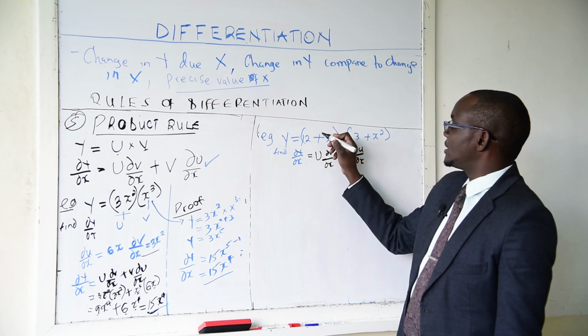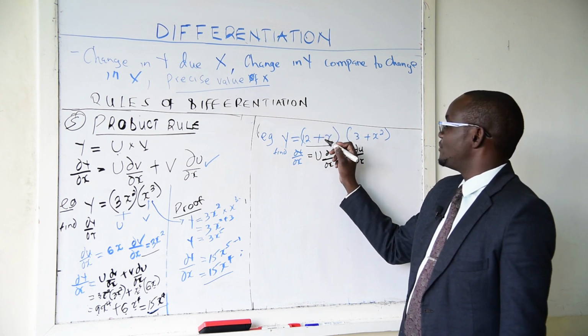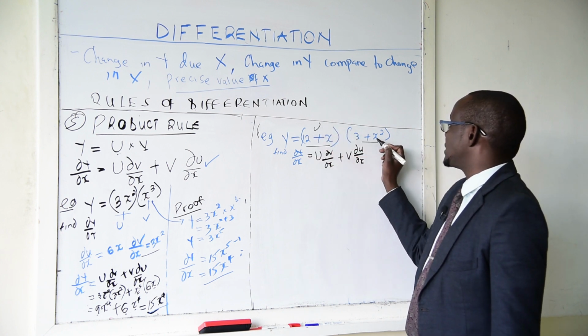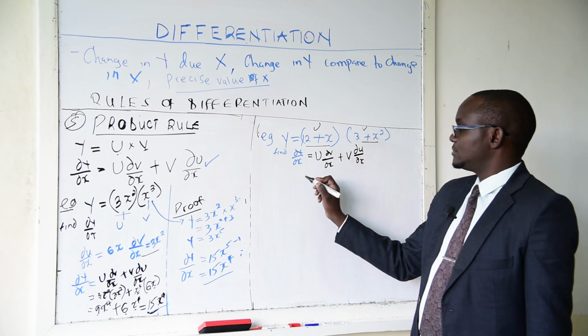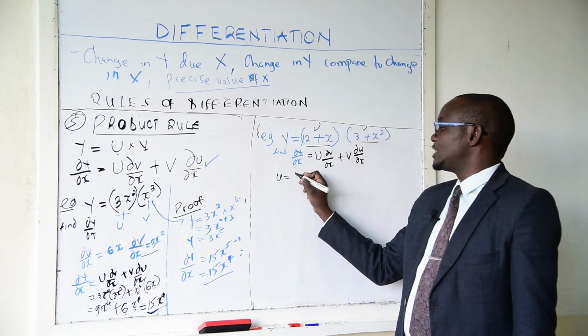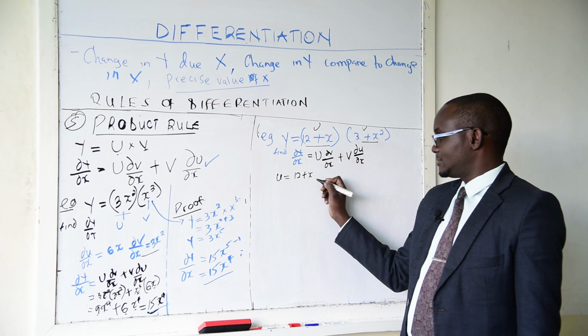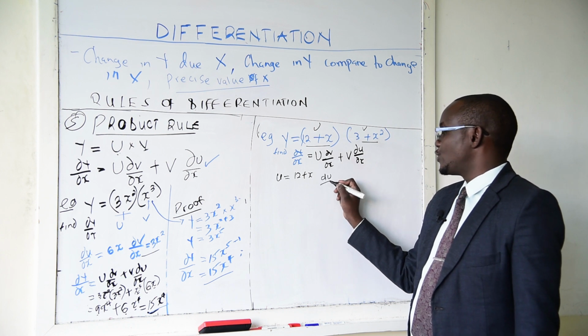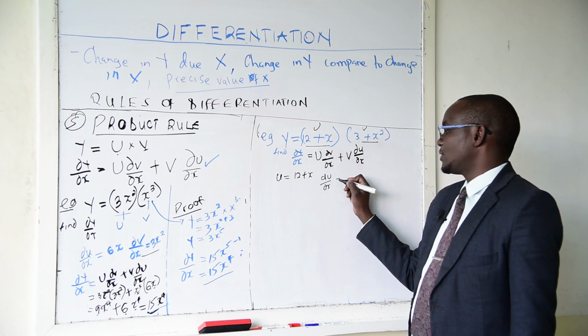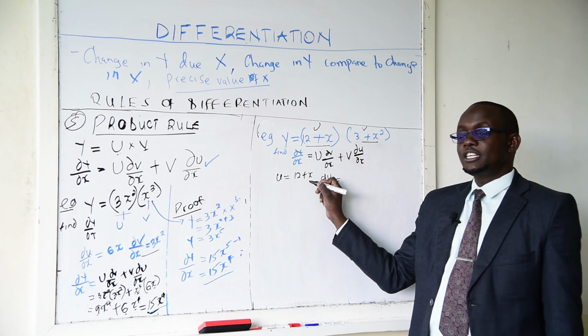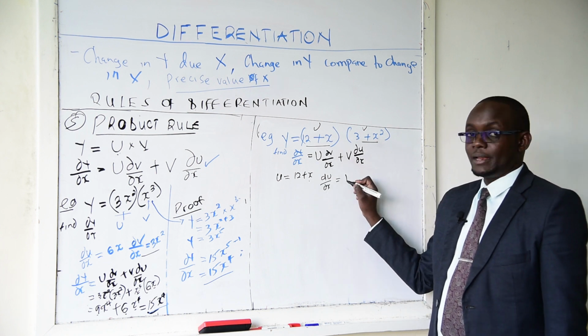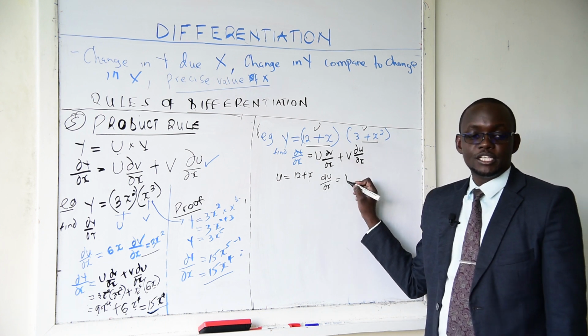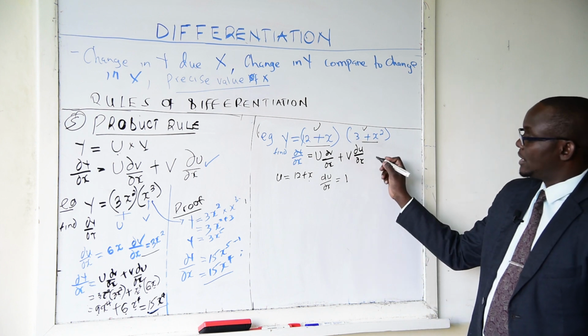In this, let this part be the u and let this part be the v. So our u is given by 12 plus x. This says du over dx will be equal to, you differentiate this and you remain with 1.